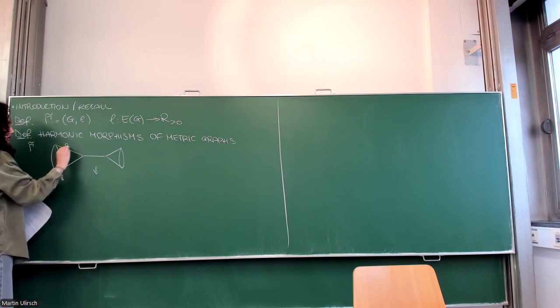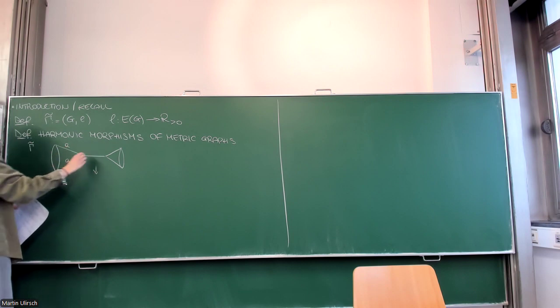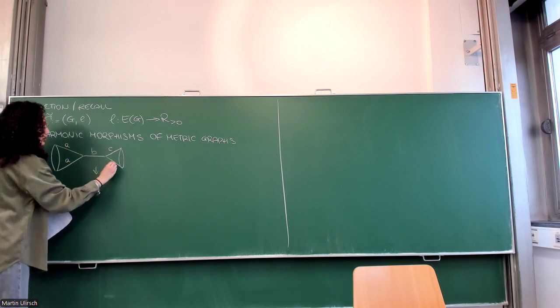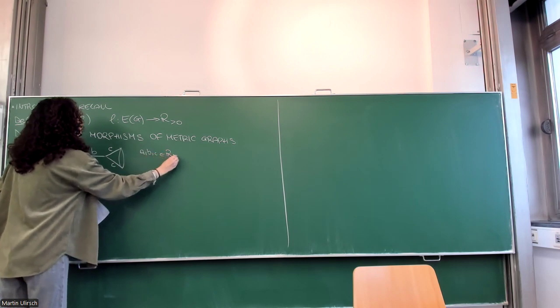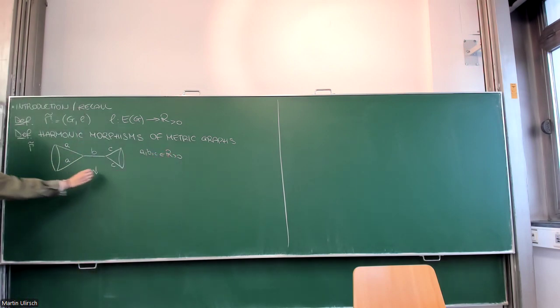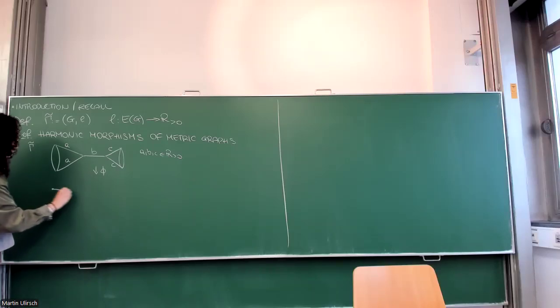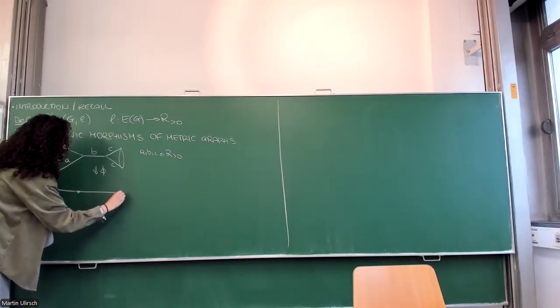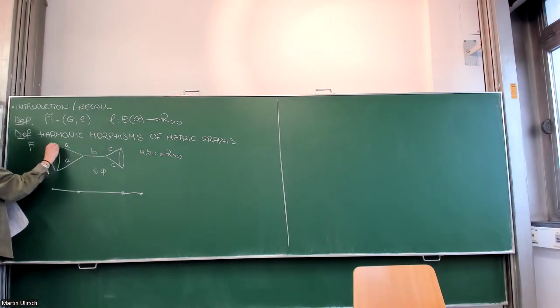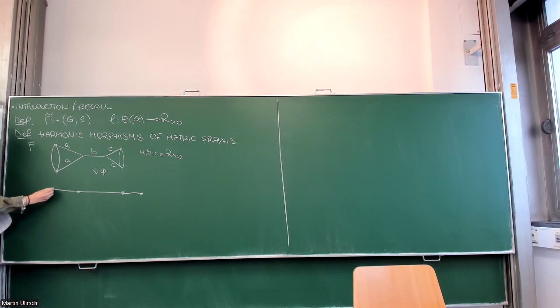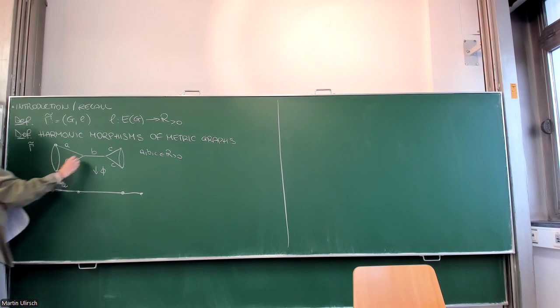So I will assign here the same length, here B and C. And I will define this morphism. Here, I will send these two vertical edges to the vertex. These two edges I will identify here as one edge.